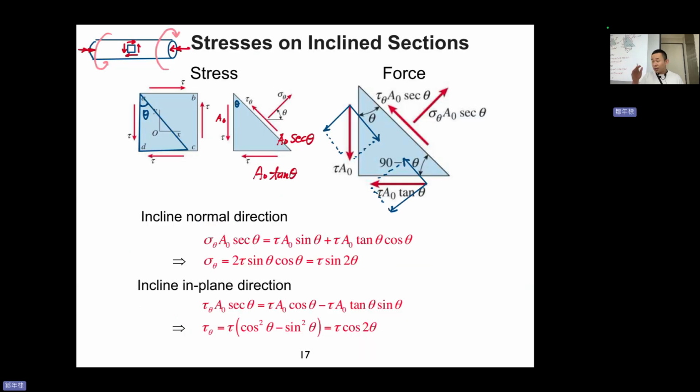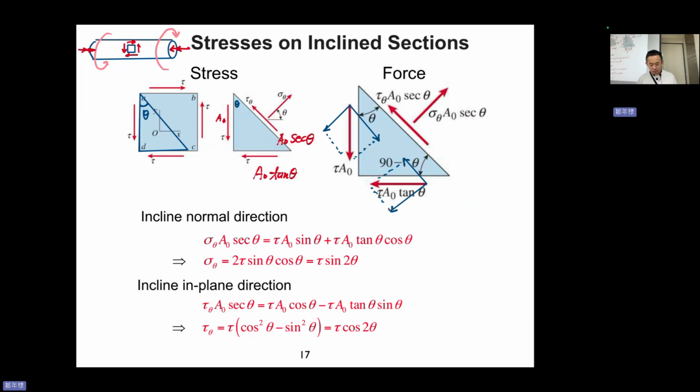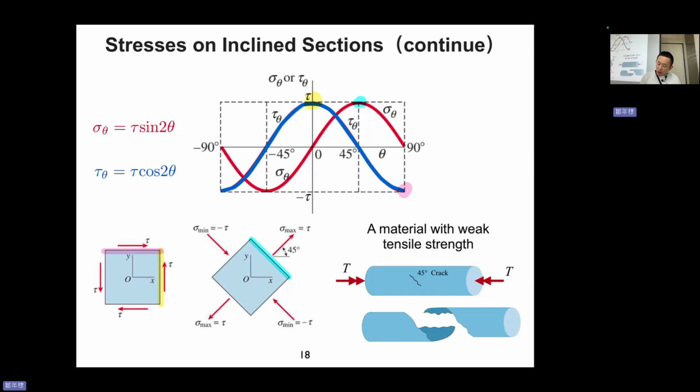And also last week we introduced the stress on inclined sections. It's really similar to what we learned in chapter 2, with a really similar proof procedure: stress times the corresponding area becomes force, and then we do the balance and get our result.